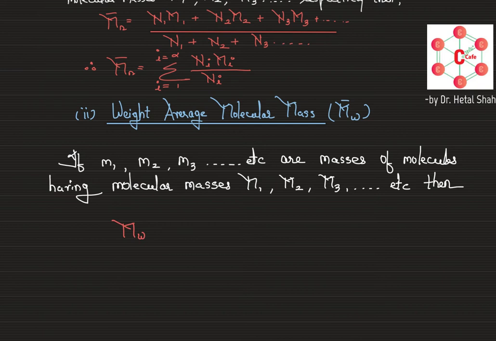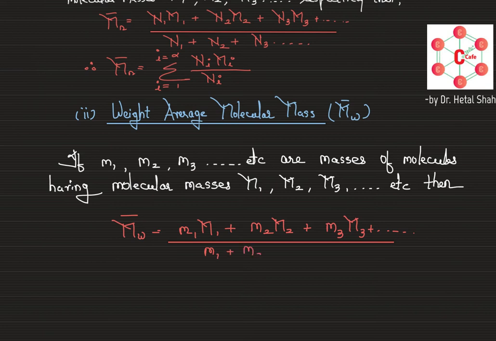Weight average is equal to small m1 into capital M1, small m2 into capital M2, small m3 into capital M3, and so on, divided by m1 plus m2 plus m3 and so on.